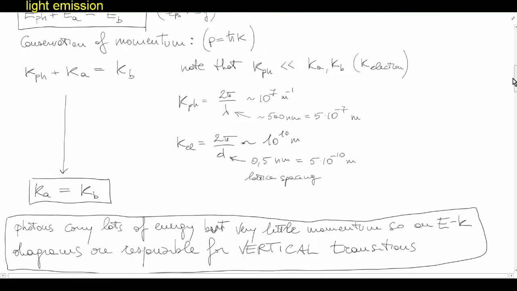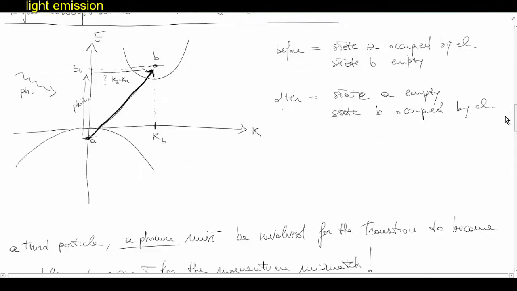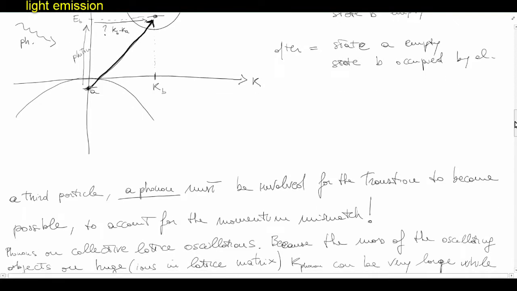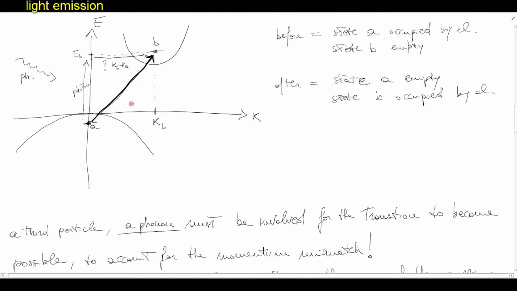Then we saw also the case for exactly the same band-to-band transition, from the valence band to the conduction band, for an indirect semiconductor this time, and we realized that here we need to include also another particle, the phonon, for this transition to be allowed.